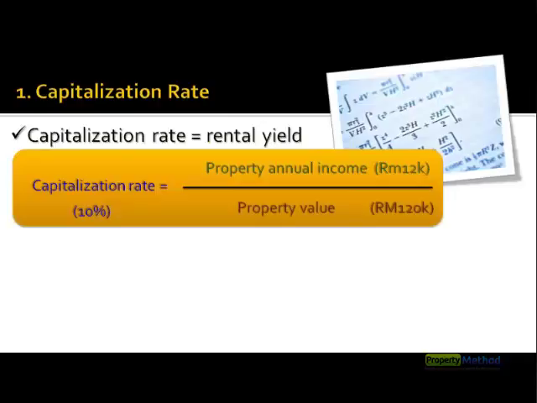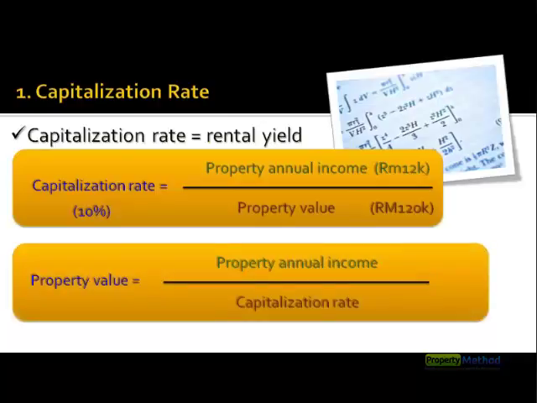To determine a property's fair value, we simply change this same equation into another form. The expected property value that we want to know becomes the expected property annual income divided by the capitalization rate. The capitalization rate in this second formula is the capitalization rate of the same kind of property in the same area of the market.